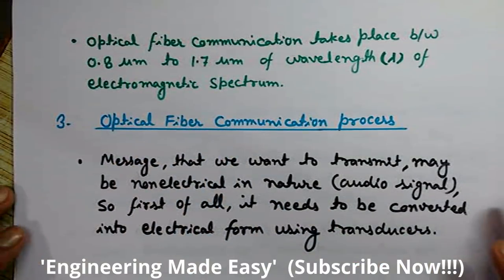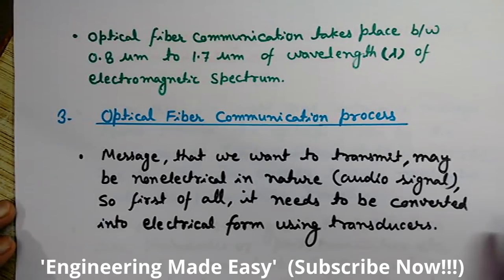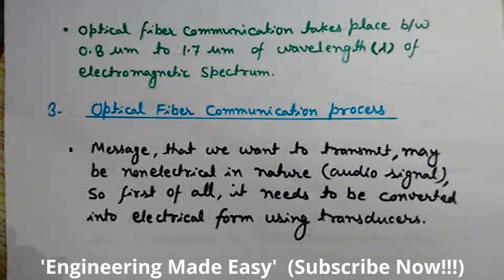Okay, so now we will discuss the optical fiber communication process, how communication takes place with the help of optical fibers. How can we send the message from the transmitter to the receiving end with the help of optical fibers and a few more components.